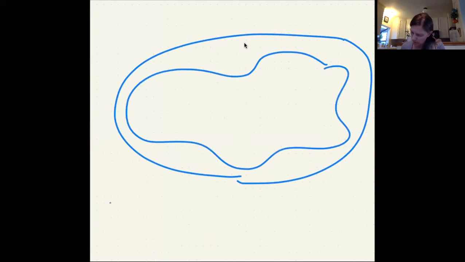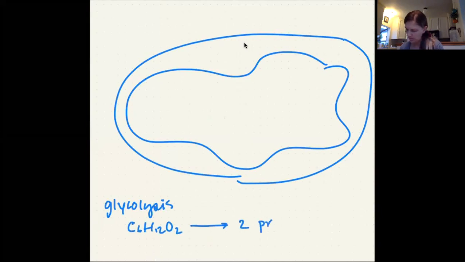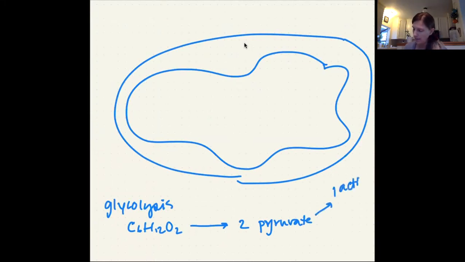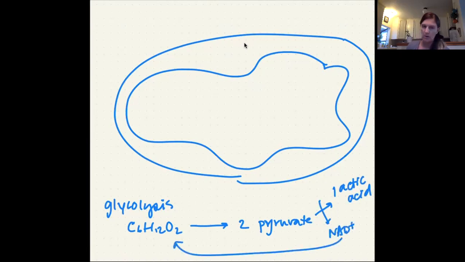Okay, so we know that glycolysis occurs in the cytoplasm, and the main point of that is to break down glucose into 2 pyruvate, right? So if there's no oxygen in an animal cell, that pyruvate will be converted to lactic acid, and in the process, we're going to regenerate NAD+, which will help glycolysis go, right?